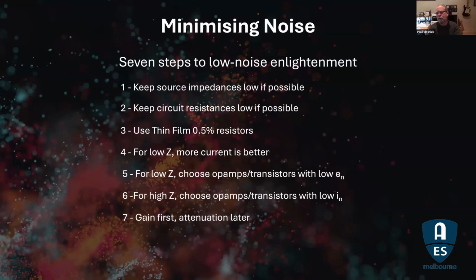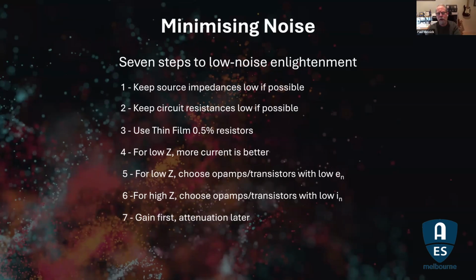Keep the source impedance low if you can. So the thing that's driving your amplifier or your system. Keep the circuit resistances inside that amplifier as low as you can. Use thin film 0.5% resistors. If your source is a low impedance, and you're designing for that, more current in your amplifiers is better.